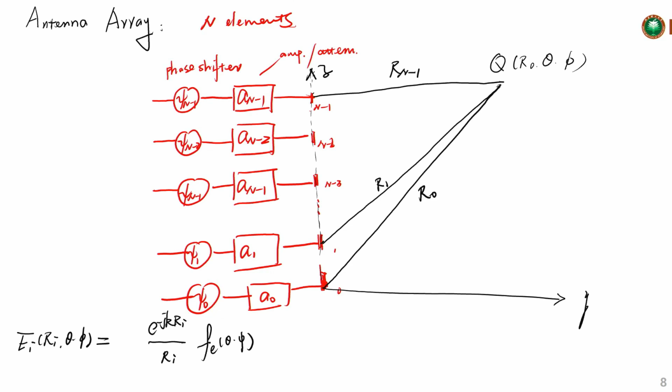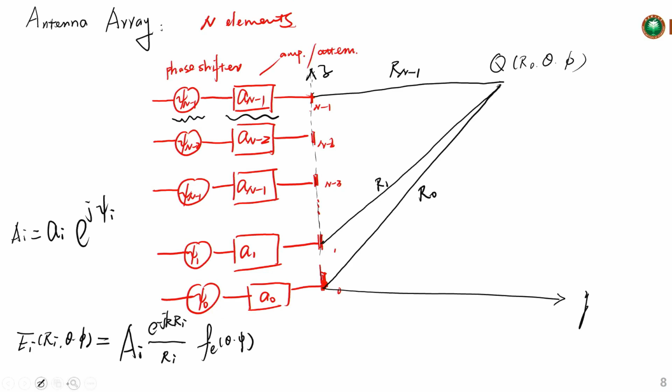And as we see here, it has amplitude control and phase control, so we use capital Ai to represent it. So Ai is related to the amplitude by the amplifier and the phase control here. So this is a general expression for the electric field of each element.